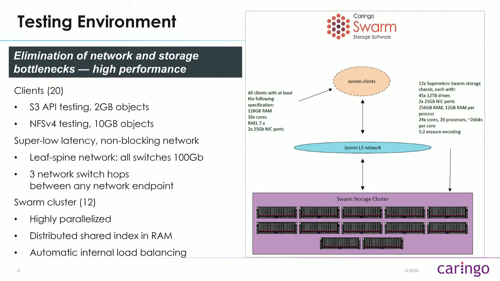Networking is key again. That's why STFC provisioned 100 gigabit switches for the Caringo cluster. We also put in place 12 high-density servers with dual 25 gigabit network interfaces. The protection scheme we used in the cluster was a 5:2 erasure coding.